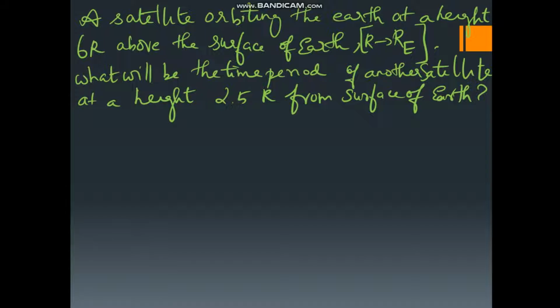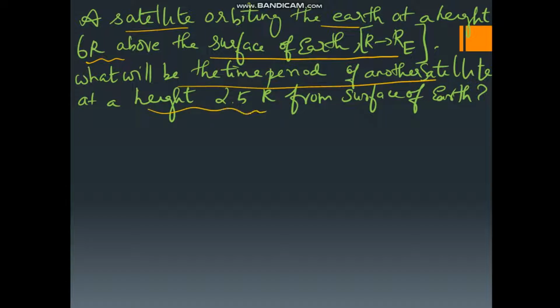Now let us see a numerical based on the law of periods. A satellite is orbiting the earth at a height 6r above the surface of the earth. What will be the time period of another satellite which is at a height 2.5r? Let us see satellite 1.